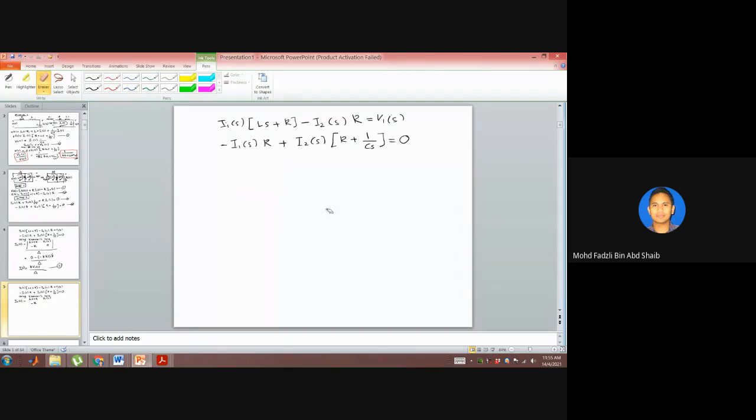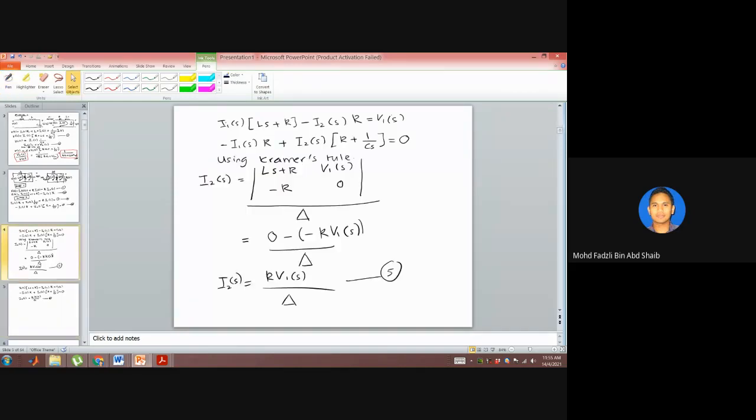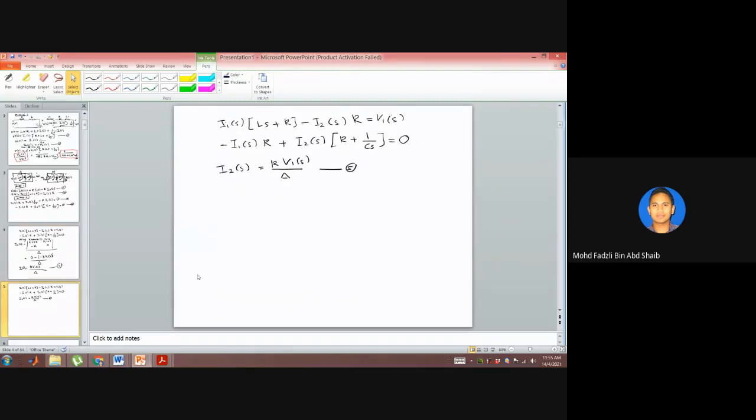Okay, just now we get the determinant, right? Just now we get I2S equal R V1S over determinant. This is from the previous question, question number 5.